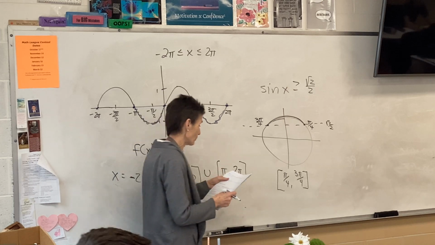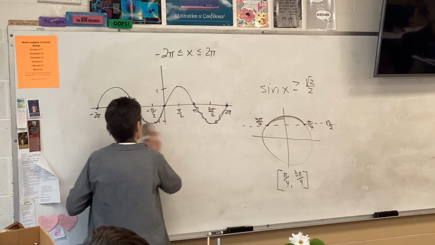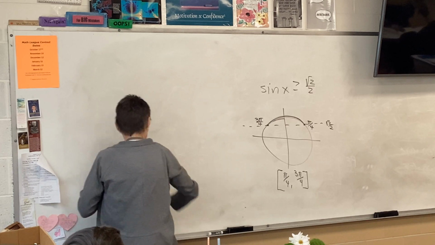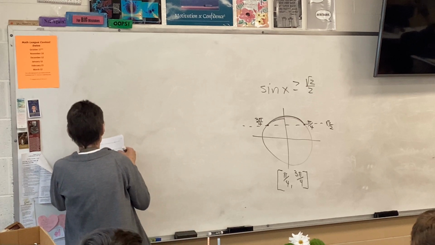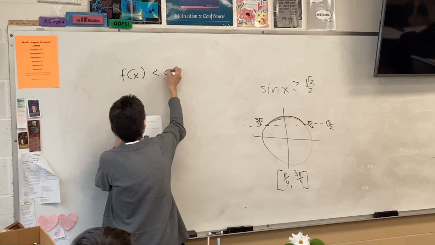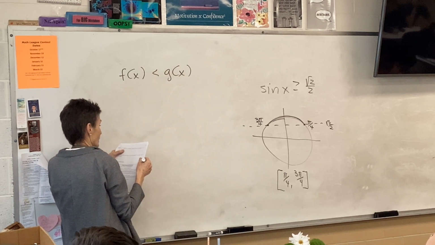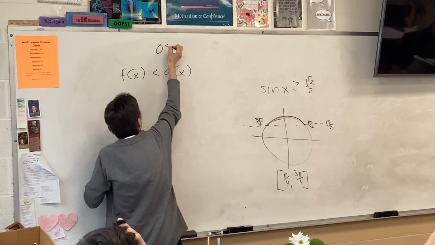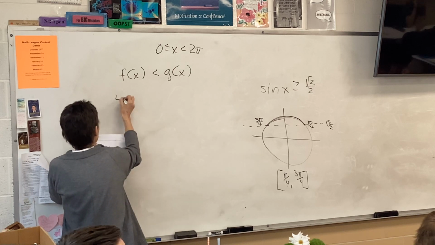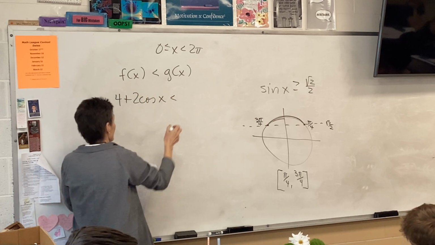Let's look at example 3. Let f of x be less than g of x, from 0 to 2 pi, where f of x is 4 plus 2 cosine x, and g of x is 3.